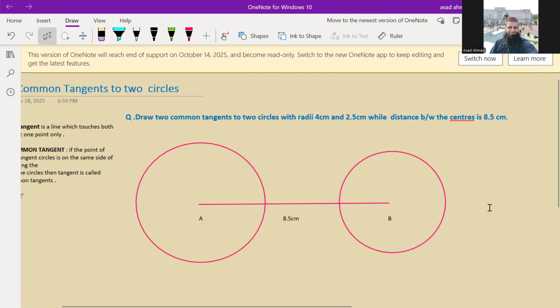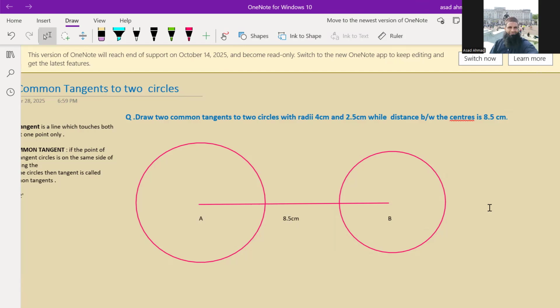Students, you have to remember that in this diagram, red color is typically used for the given information. To draw common tangents to these two circles, we will have to draw two more circles.